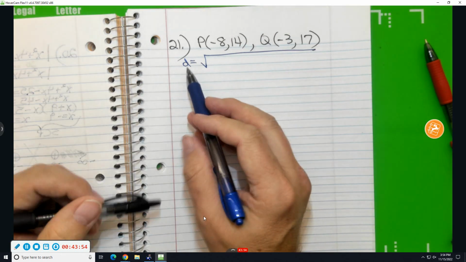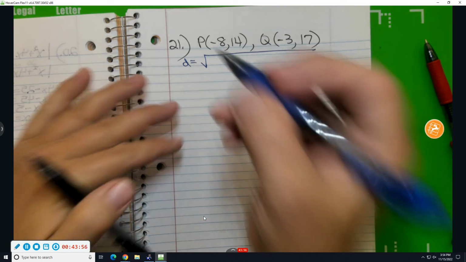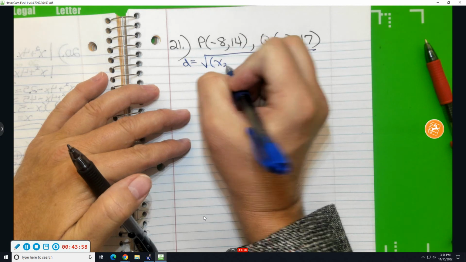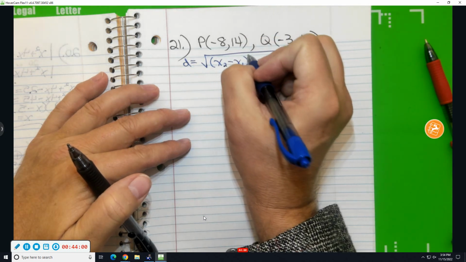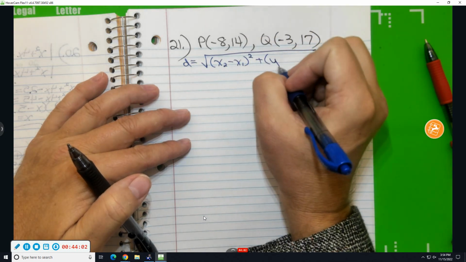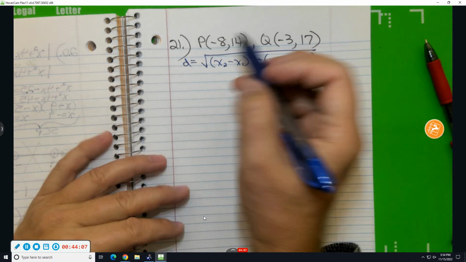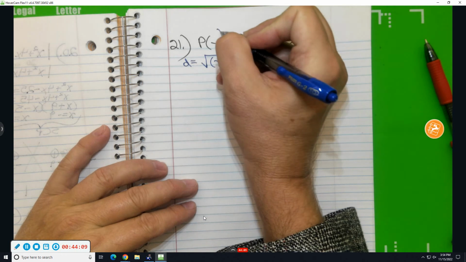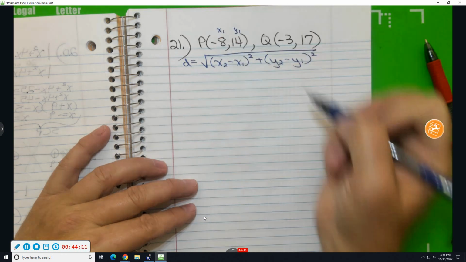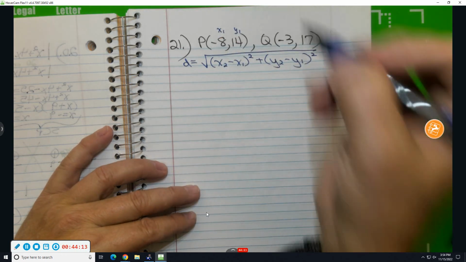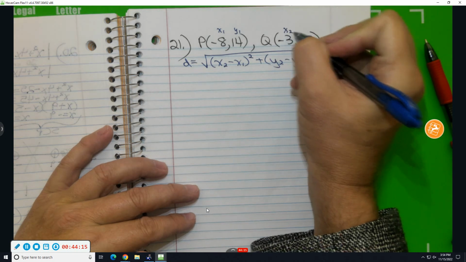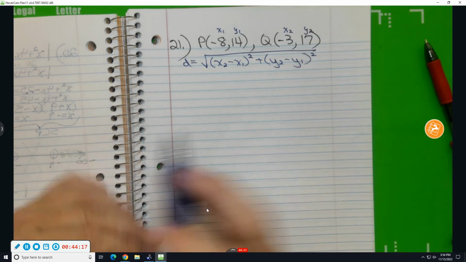Remember our distance formula. The distance between 2 points is equal to the square root of x sub 2 minus x sub 1 quantity squared plus y sub 2 minus y sub 1 quantity squared. The first point you think of as x1, y1. The second point you think of as x2, y2.